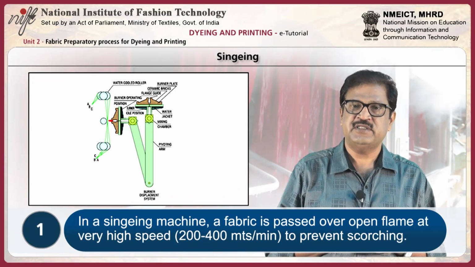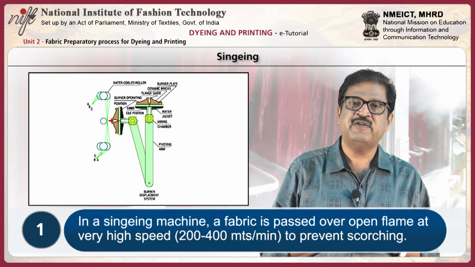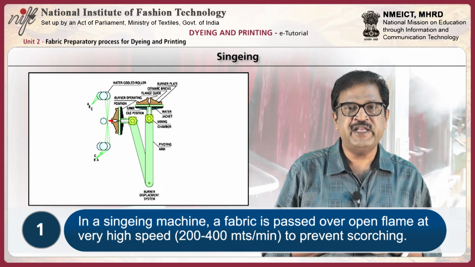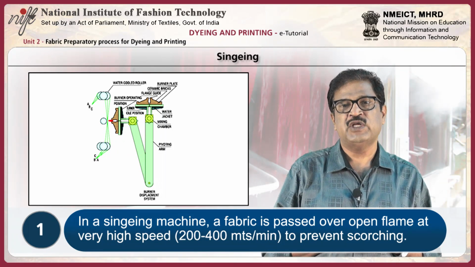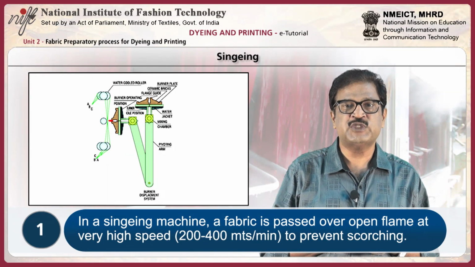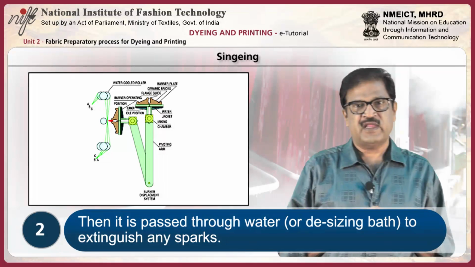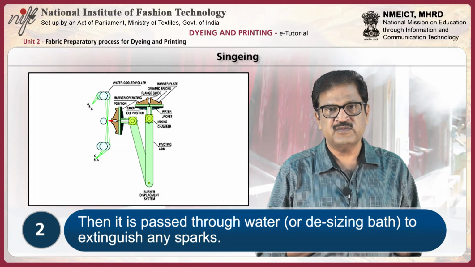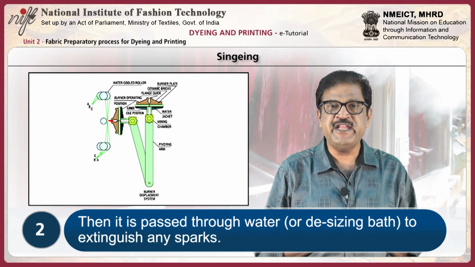In a singeing machine, the fabric is passed over an open flame at very high speed, approximately 200 to 400 meters per minute, to prevent scorching. Then it is passed through water or a desizing bath to extinguish any sparks.